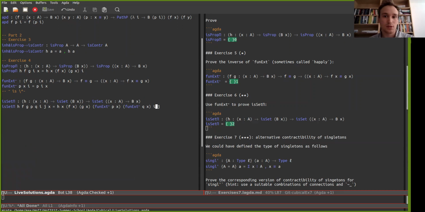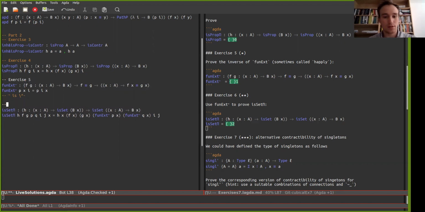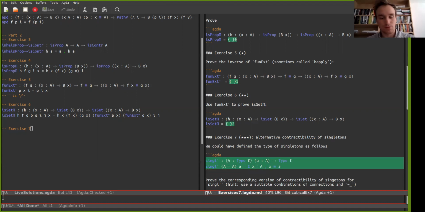Okay. This was exercise 5. Exercise 7. So we have an alternative definition for singletons here.